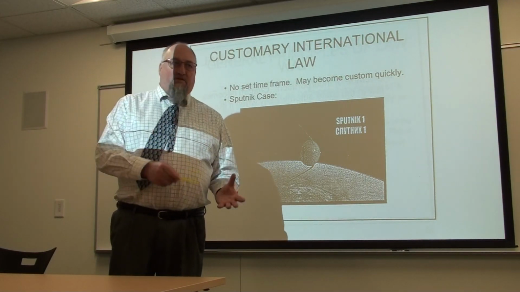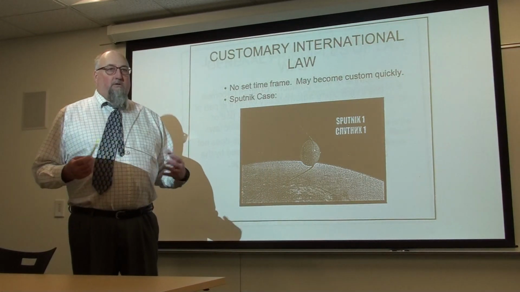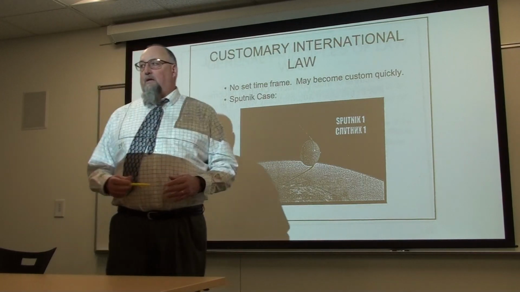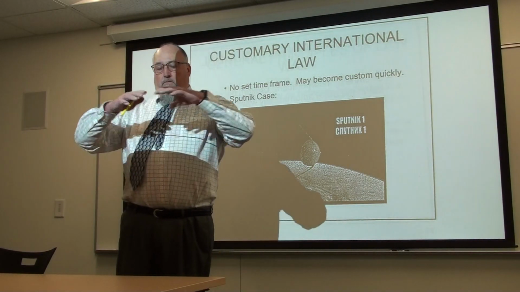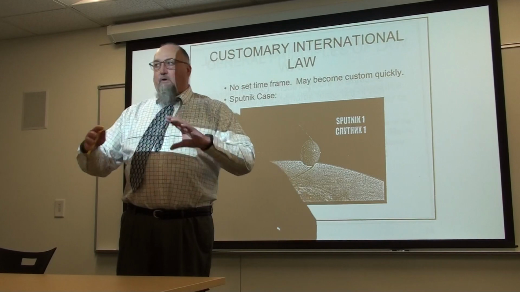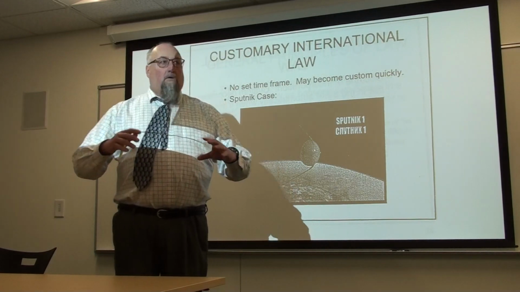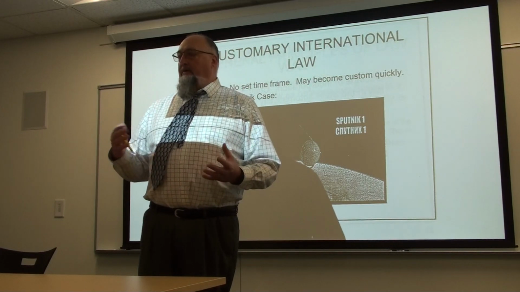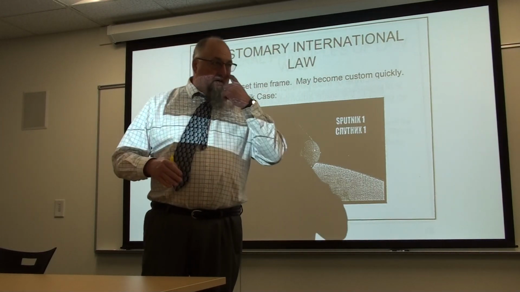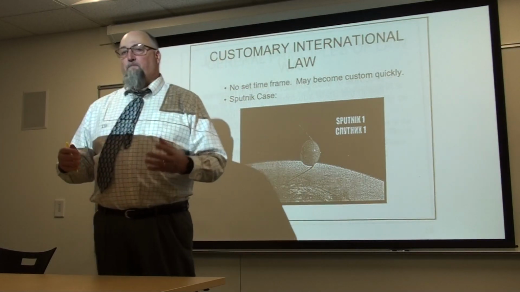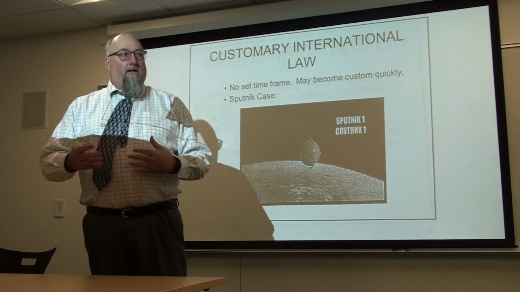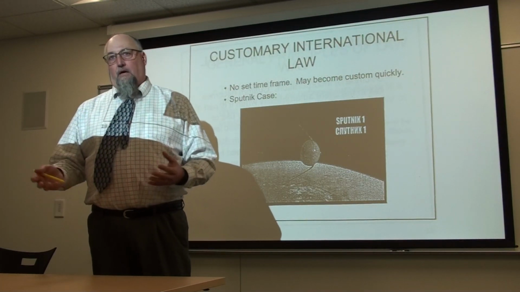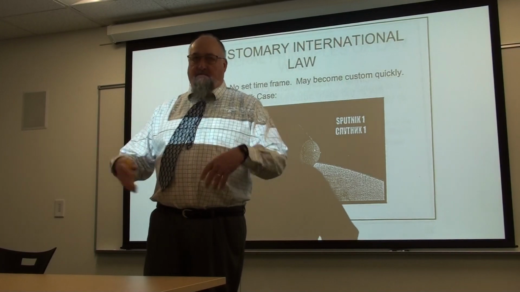Prior to the Sputnik, international customary law was essentially the idea that the airspace over a country was part of the country itself. And that if you went into airspace within the atmosphere, you were violating the territory of that country, and the country could act in self-defense and basically shoot you down.